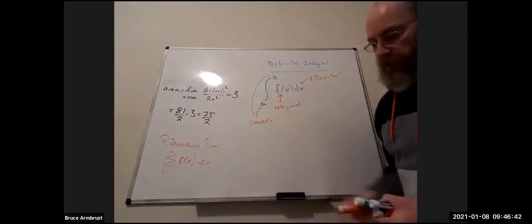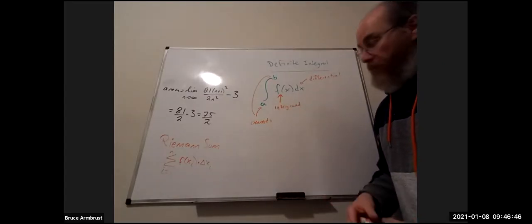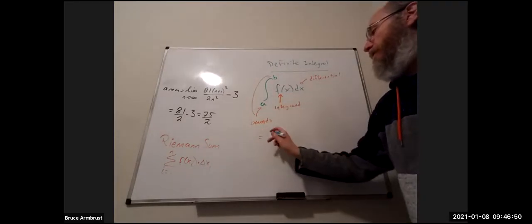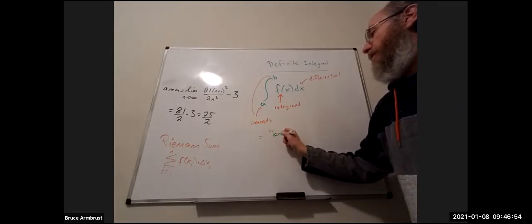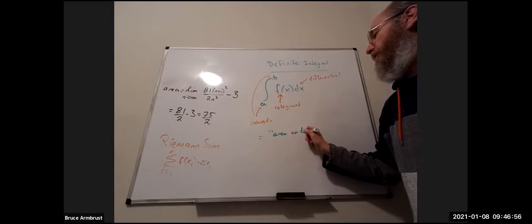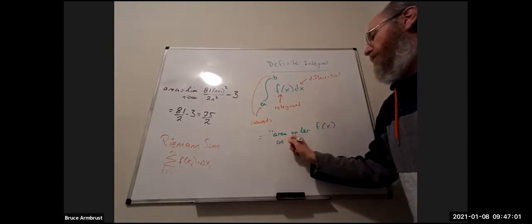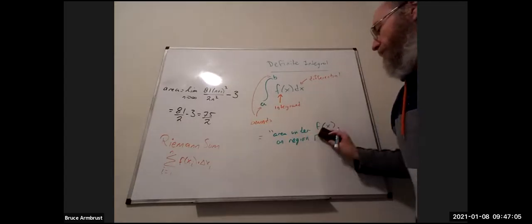So as soon as we throw on bounds, it doesn't mean antiderivative anymore. As soon as we throw on bounds, this is the area under f of x on the interval a to b.